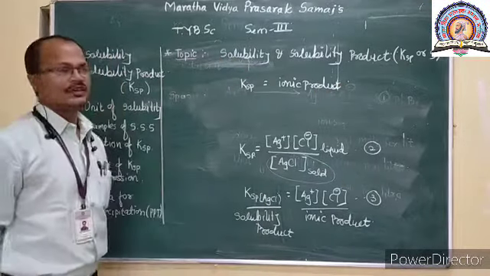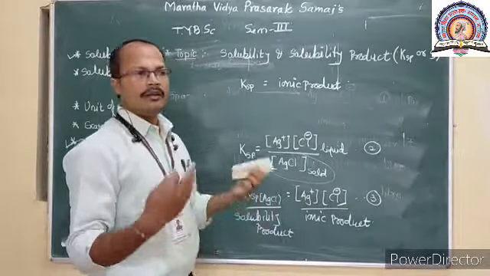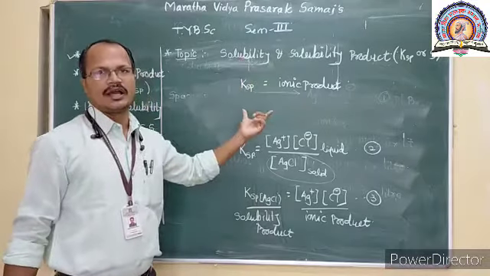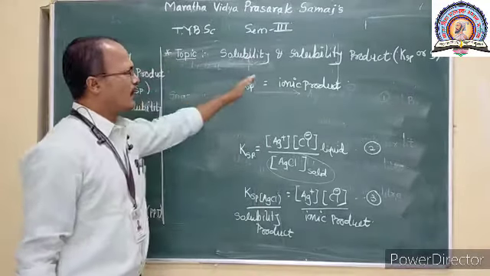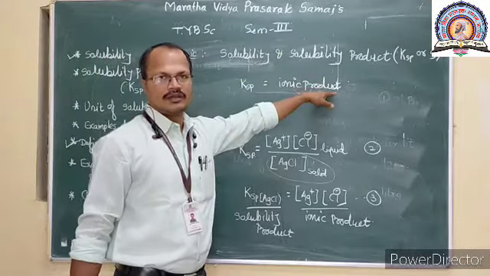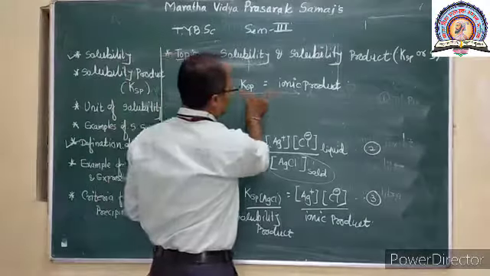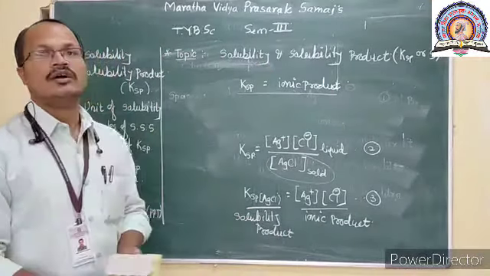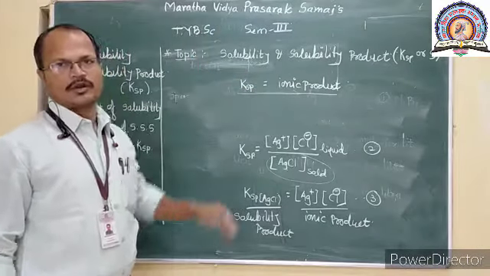Then there is no precipitation and the reaction is in equilibrium, and it could shift toward precipitation or toward the solubility of the ions. That condition is called equilibrium.